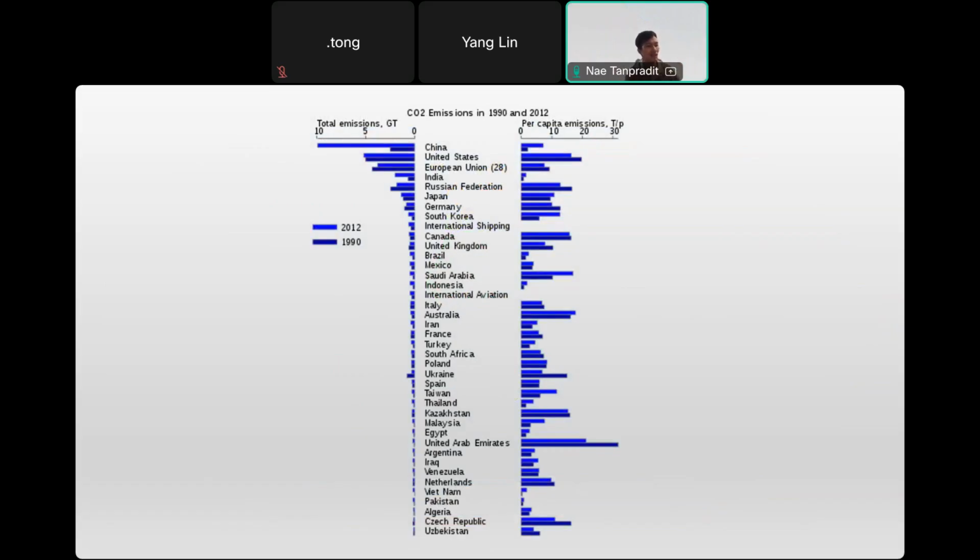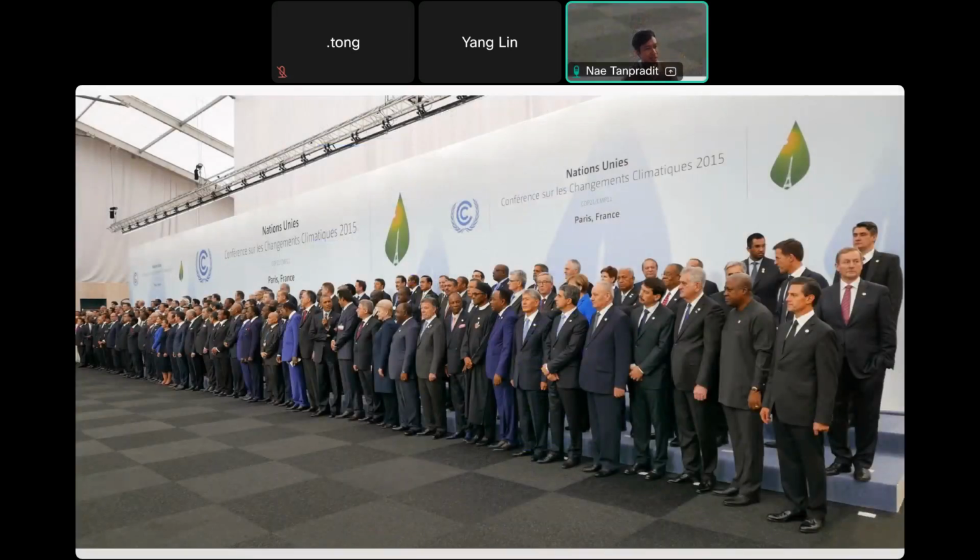So on the right side, many of the developed countries are responsible for the CO2 emission, like the United States, UAE, Australia, and sometimes it's not related to the development level. Like you see Ukraine, Kazakhstan, they also create a high level of CO2.